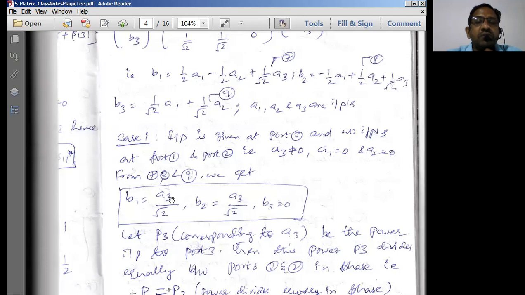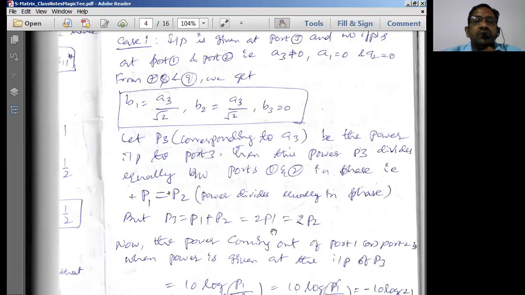I am left with B1 equal to simply A3 by root 2. Now substitute the same values in equations 8 and 9 as well. So B2 becomes 1 by root 2 into A3, and B3 becomes equal to 0.